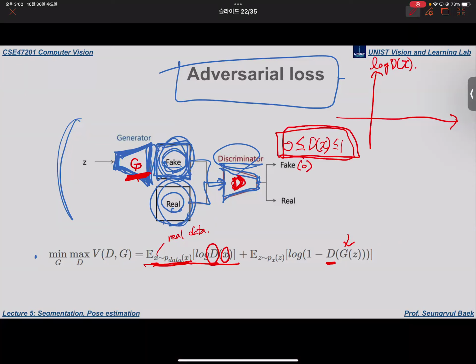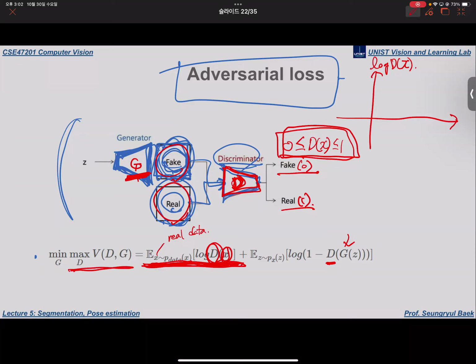If it becomes 0, it indicates fake data, and if it becomes 1, we will regard it as real data. So the discriminator is discriminating whether the data is real or fake. So if we input data X, which is the real data, to the discriminator D, we will maximize this term.